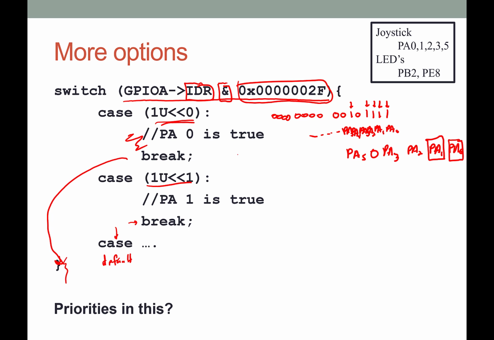Now, of course, you could manage to do diagonally where 2 of the joystick buttons were pressed.